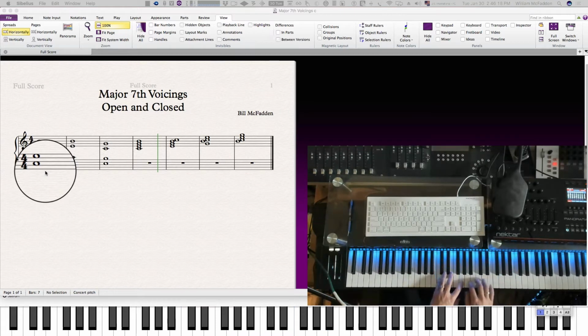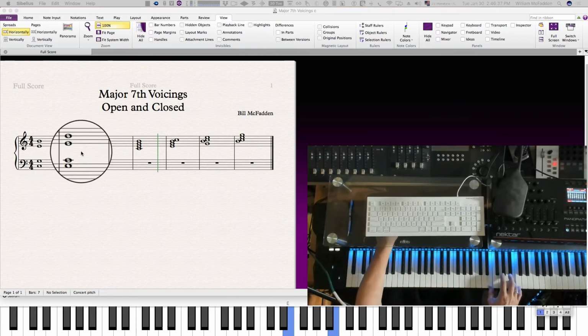So basically you're taking this chord and moving the E and the B up an octave. And then if you take the bottom note, which is C, and move it up an octave, you get the second voicing that we have right here, where we have G, C, and then E, B.